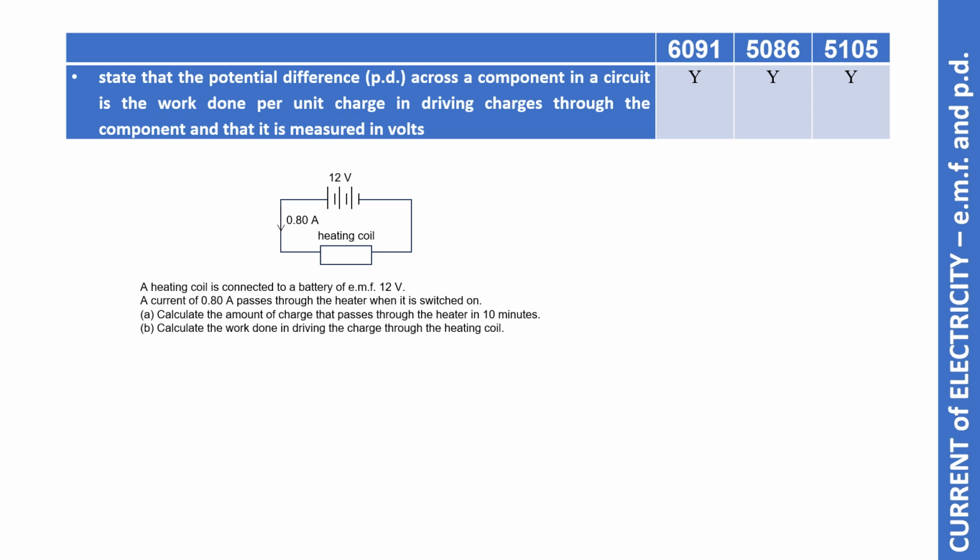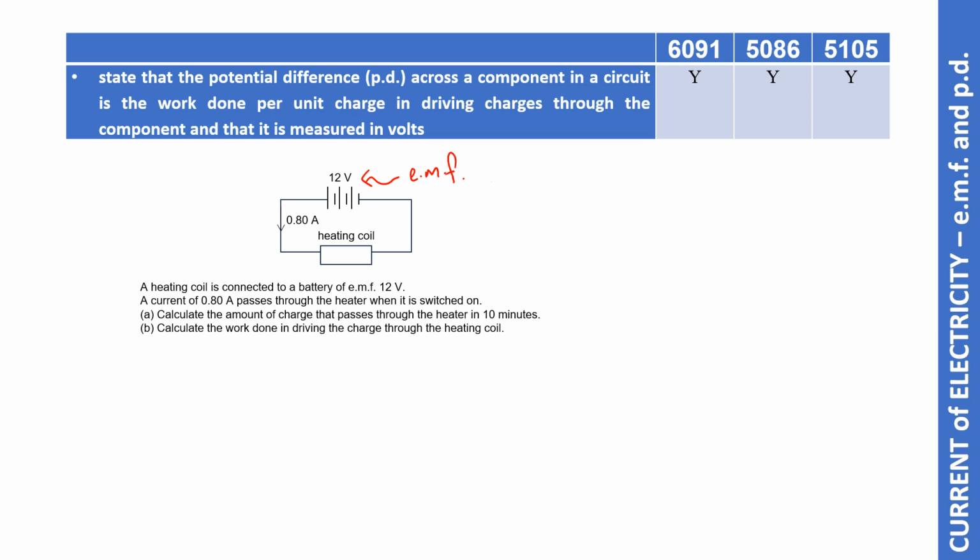So for example, here we see that there's 12 volts of e.m.f. This is the e.m.f of the batteries, and we have learned that e.m.f is the work done per unit charge to drive the charges around the complete circuit, right? So e.m.f is always talking about the source, the power source.